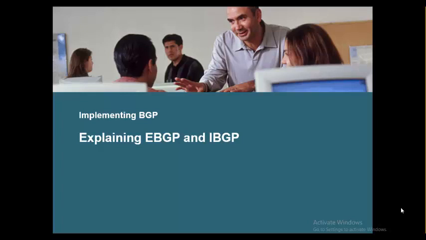We saw that Border Gateway Protocol, by design itself, is designed to meet all the border policy in path selection.